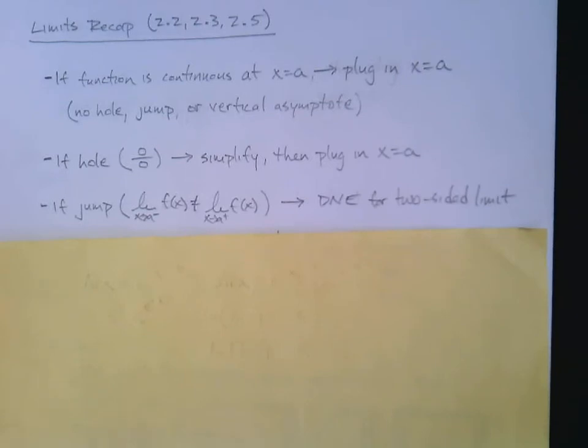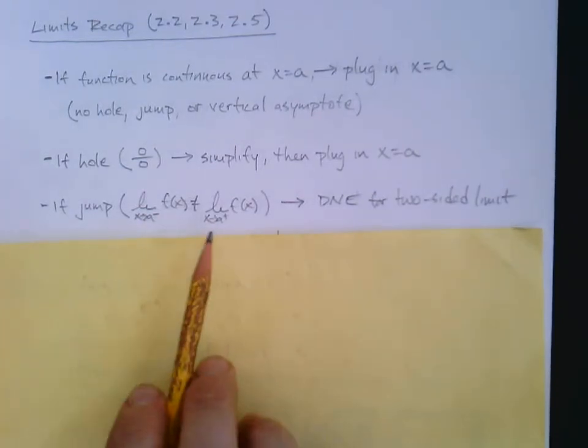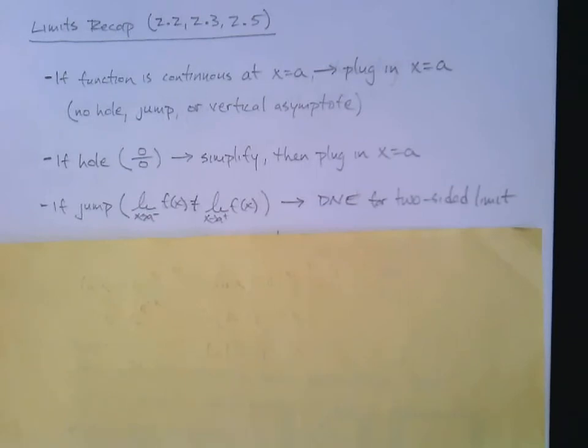If they both exist, they're just not the same number, then we know there's a jump happening, and our two-sided limit is DNE. I'm not going to get into cases where we're taking the one-sided limits, but we're just thinking two-sided limits here.